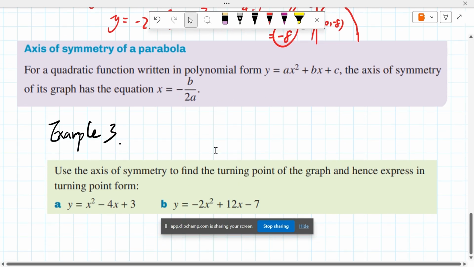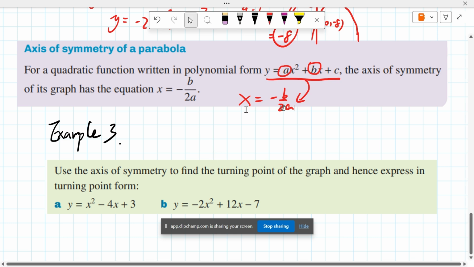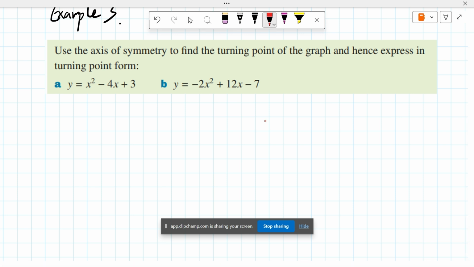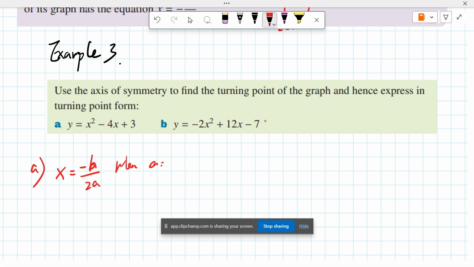Okay, so another thing I want you guys to remember: once you have the polynomial form, if you want to find out the turning point, x equal to minus b over 2a, so you substitute the a and b into this function, and you find out your x value of the turning point. Now we can try to test it out. So x equal to minus b over 2a, sorry, my bad. When a equal to 1, b equal to minus 4, c equal to 3.